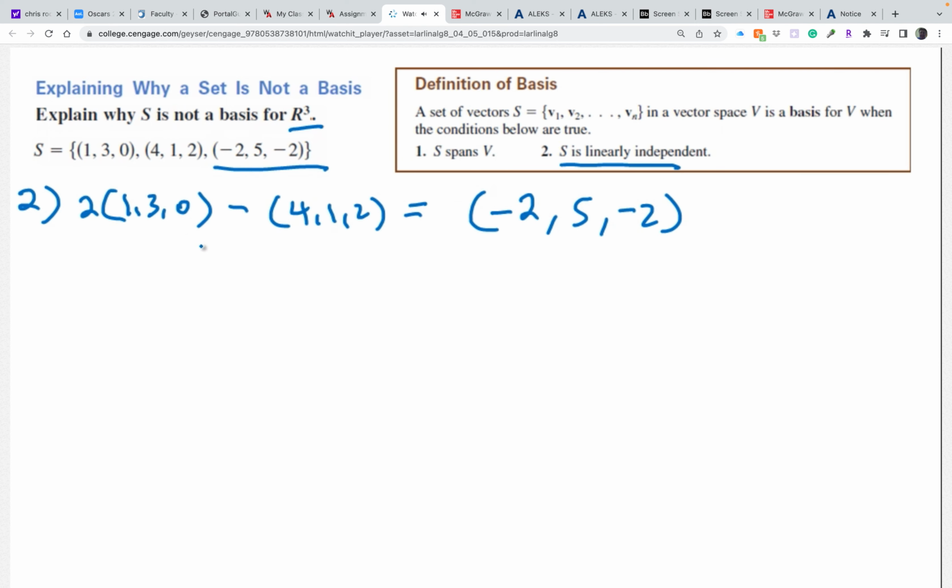So we see that in this case, S is not linearly independent. So we've already violated the second condition, so we know we're not going to have a basis.